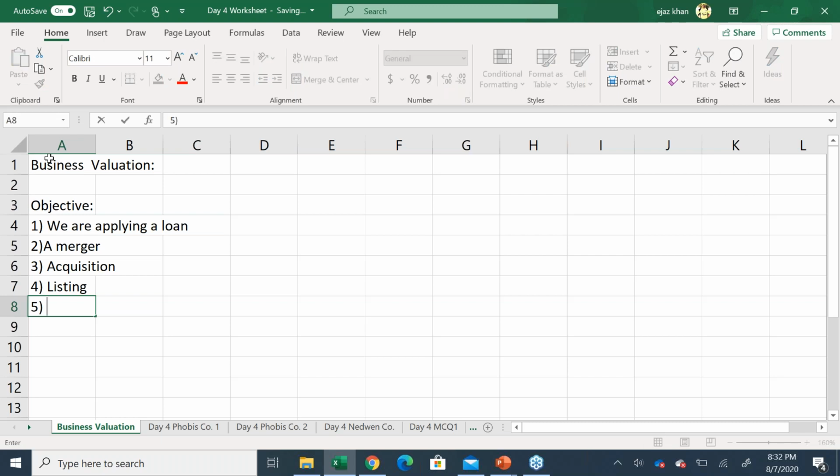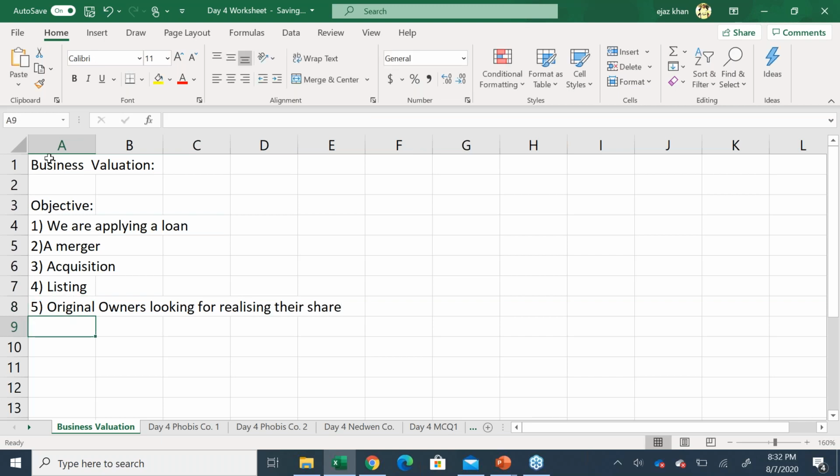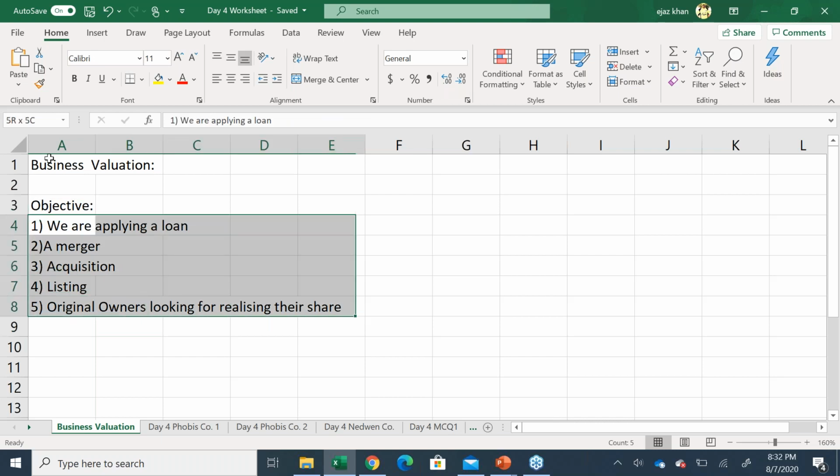Or maybe the original owners are looking for realizing their share. Any of the owners or partners in the business may want to value the business and take their share away. They want to realize their share of the business. So these are probable reasons why somebody will be valuing a business.